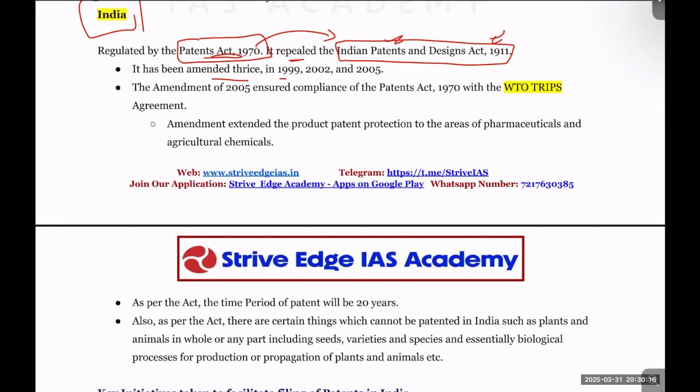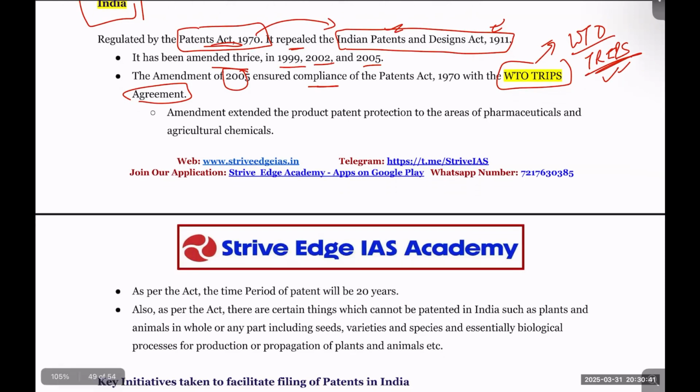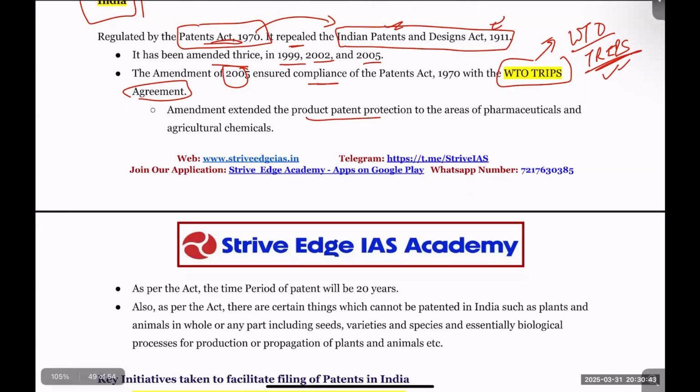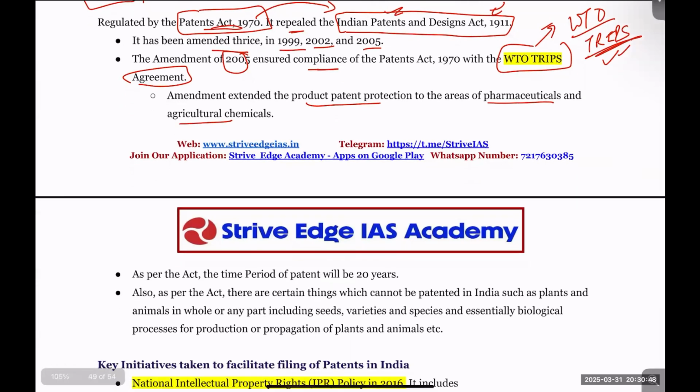It has been amended thrice, in 1999, 2002, and 2005, and the amendment of 2005 ensures compliance with the WTO TRIPS agreement. So you should remember from your static knowledge what the WTO TRIPS agreement is. The TRIPS agreement protects the intellectual property rights of citizens. And through this amendment, the extension of product patents was also added to the areas of pharmaceuticals and agricultural chemicals.